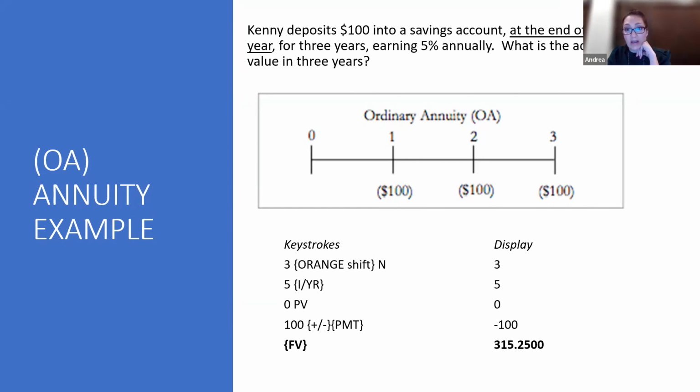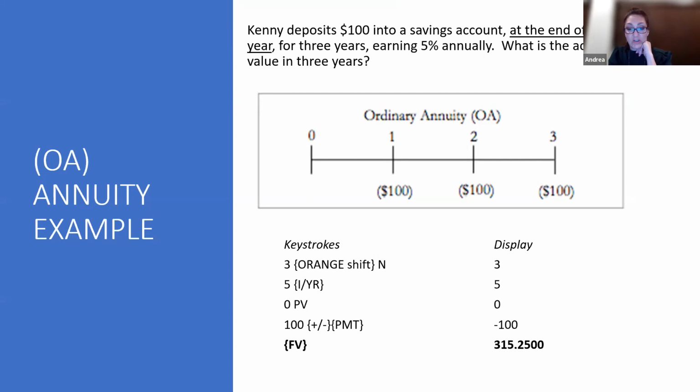We would have our calculator set to 1 payment per year because it's annually. If you are following my habit, always hit your shift button. You'll hit 3, the orange shift button, and the display will show 3 years. The interest rate is 5%. There's a $100 payment going out, so there's cash flow going out, and we're going to put that in as a negative.